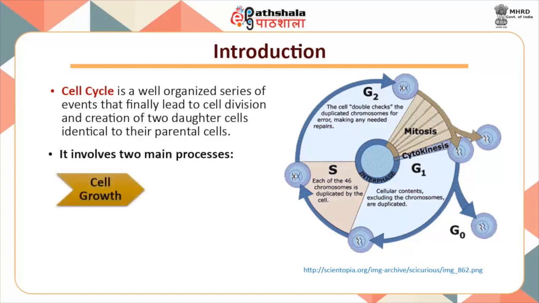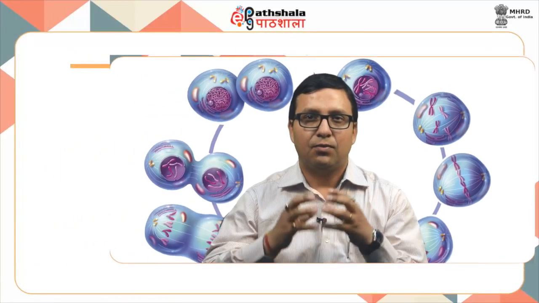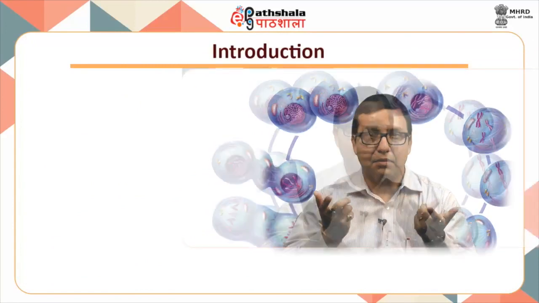Number 1, cell growth, and number 2, cell division. Cell growth is an increase in cytoplasmic content, and cell division is the process when the cell finally divides into two newly formed daughter cells.